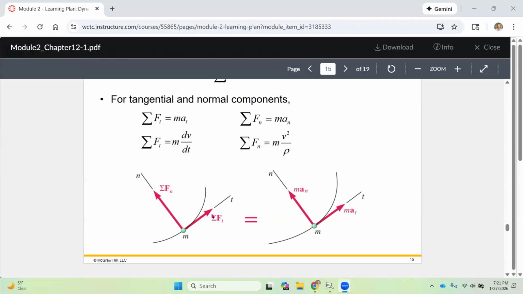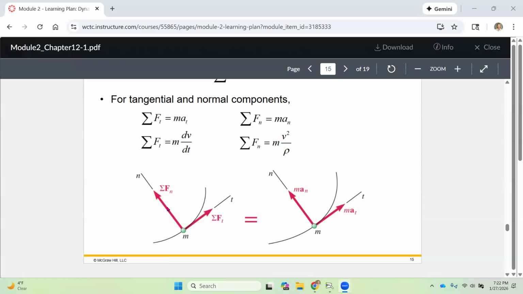The tangential force is going to be perpendicular to the radius of rotation, in the direction of the acceleration. On the right-hand side, we set that equal to the mass times the tangential component of the acceleration. Then on the normal portion, our normal force is going to be acting just like it did on the motion side.